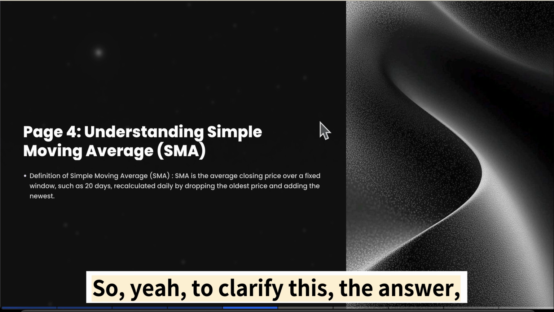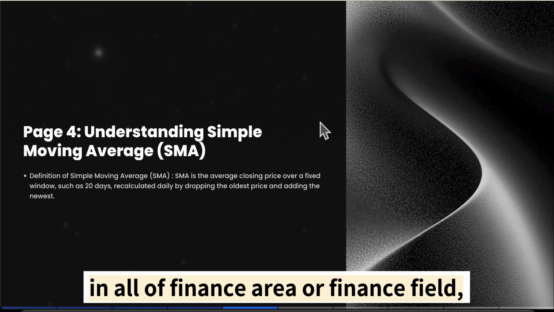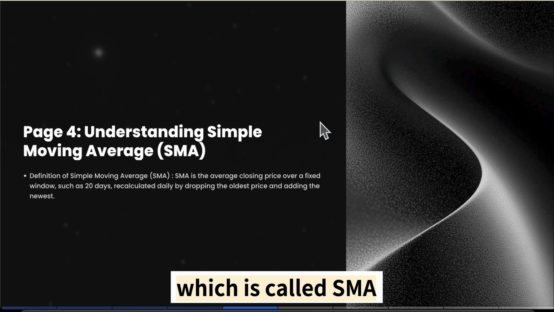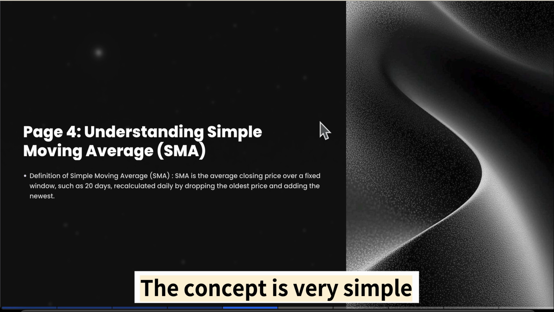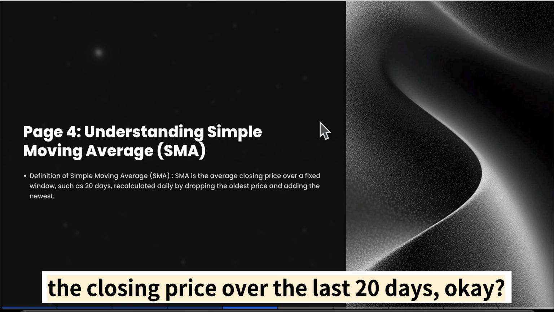Okay, so to clarify, one of the most famous indicators in the world of finance is the simple moving average, called SMA. The concept is very simple. A 20-day SMA is just the average closing price, not the open, the closing price over the last 20 days.